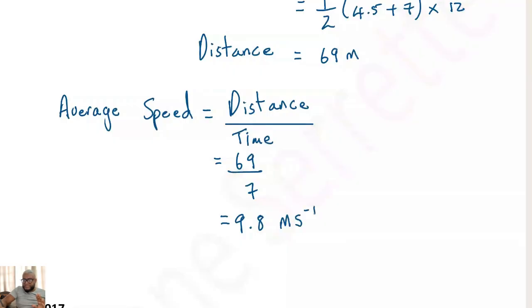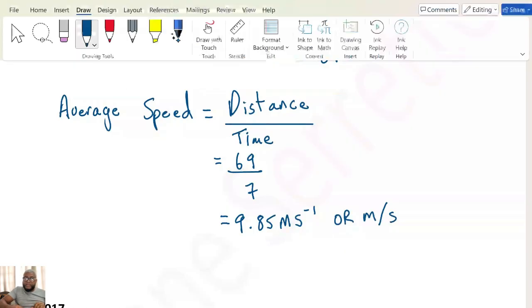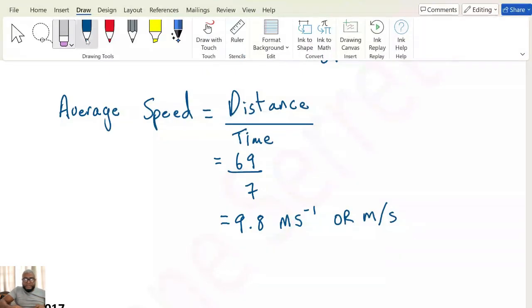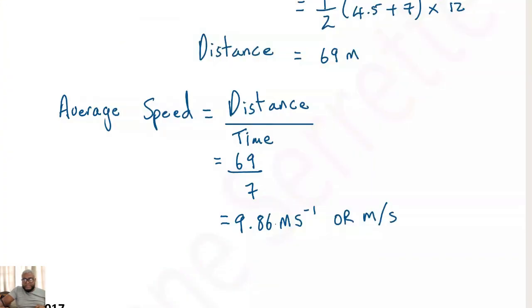So you're writing it like this: meters per second, or m s to the power of minus 1. Put whichever you want, right? And you're not approximating. The point is 9.85, and then there's a whole bunch of numbers afterwards. What comes right after the 5? It's a 7, so then it's 9.86, approximated to 2 decimal places. 9.86 meters per second.